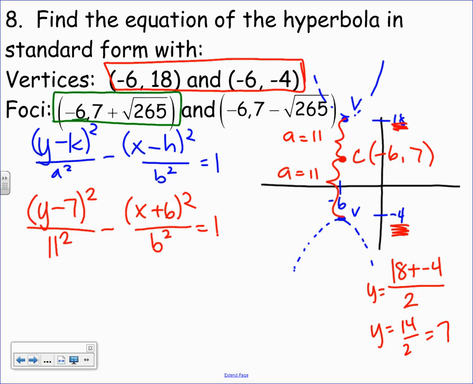Look, -6 means I go back 6, up 7, and then up a whole bunch more. This distance right here that I went up a whole bunch more, that's your c value, and that's just the square root of 265. So c is the square root of 265.